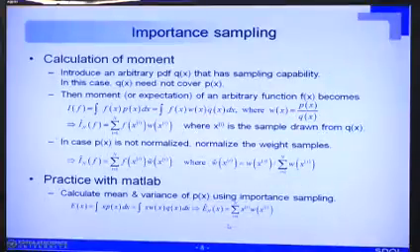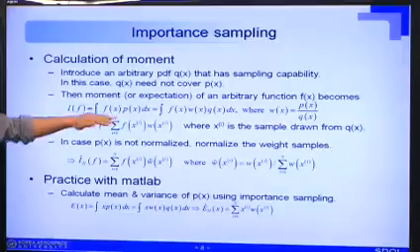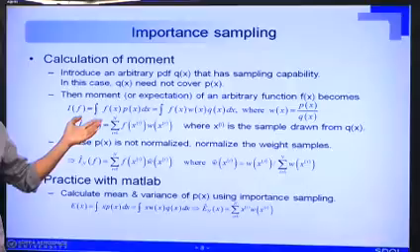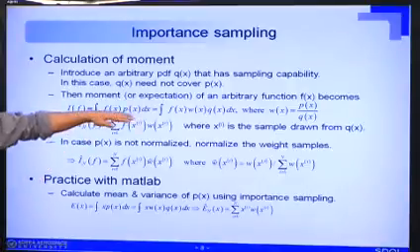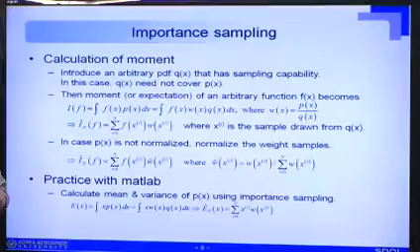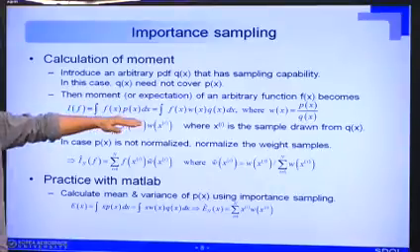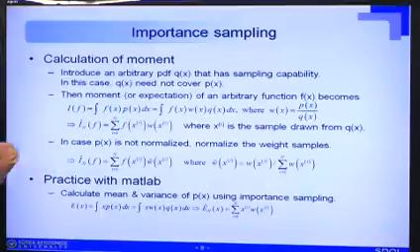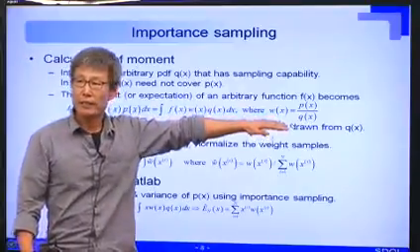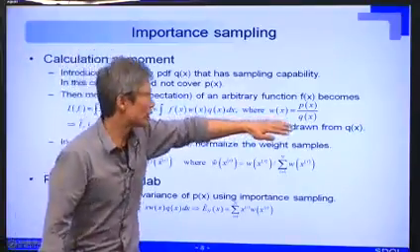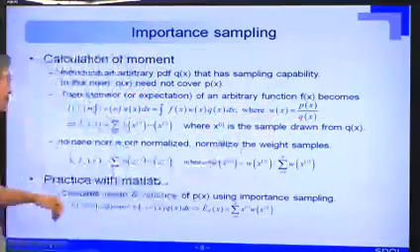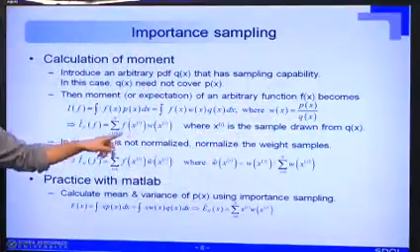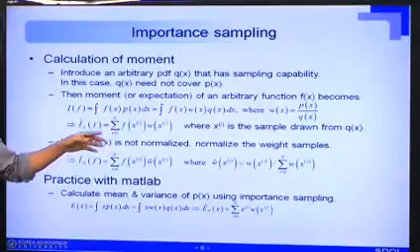Here, as a specific example, I am explaining the case that fx is just x. And it is the mean of the probability distribution px. And in order to apply the importance sampling to this case, I just make samples from qx and compute the weight at each generated sample. We can calculate the weight values. And in this case, fx is nothing but x.